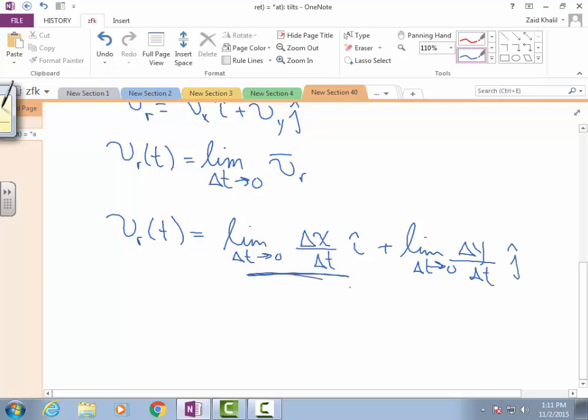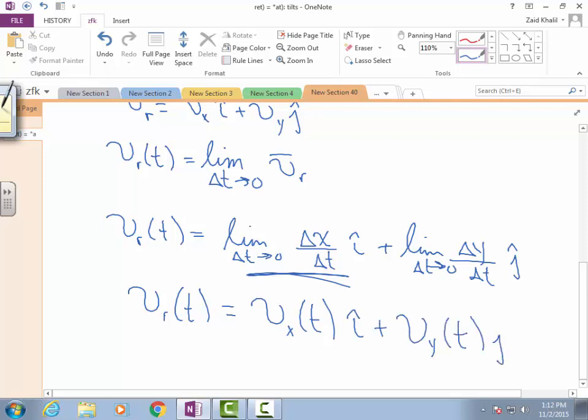But what's this? No, that's definitely not undefined. This is definitely defined. You're saying that delta t is 0, but it's not 0. It's going to 0. That is the what type of velocity? That's right. In other words, V_R of t is equal to Vx of t i hat plus Vy of t j hat. In other words, it's the instantaneous velocity in the x direction and the instantaneous velocity in the y direction.